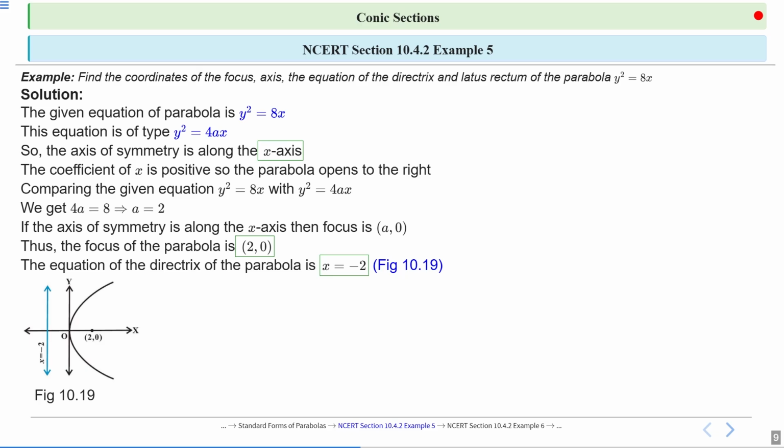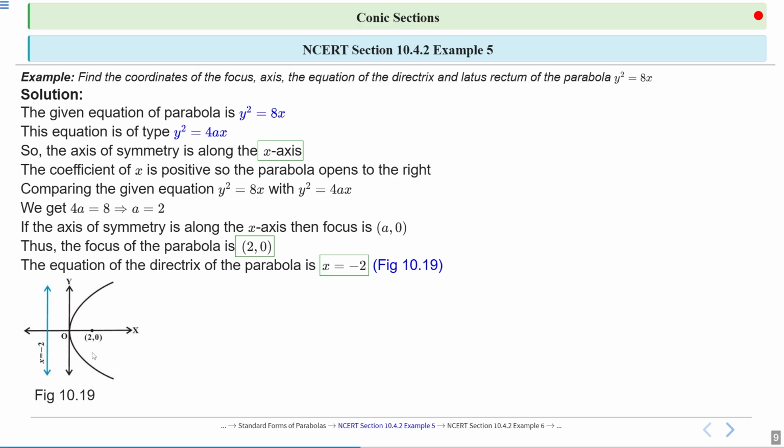Here the coefficient of x is 8, so the length of latus rectum is 8. Clear? You can visualize in this figure the focus at 2 comma 0, vertex at origin 0 comma 0, the equation of directrix x equal to minus 2, and the length of latus rectum 8. I hope it is clear to all of you.